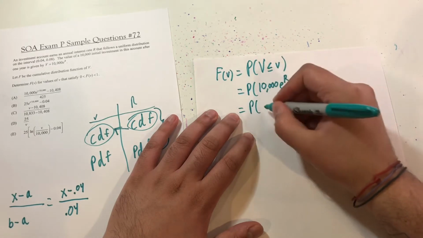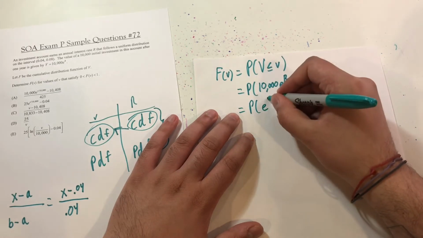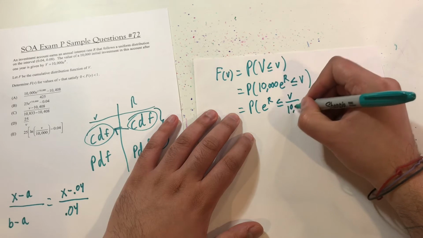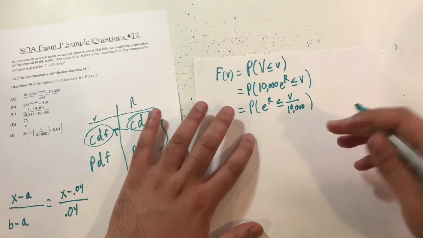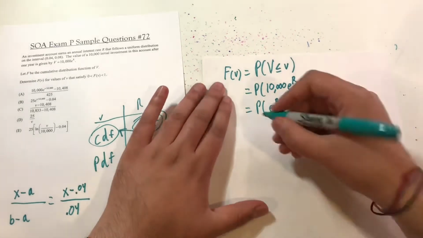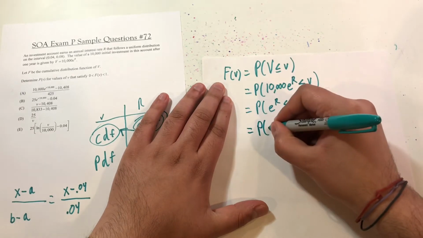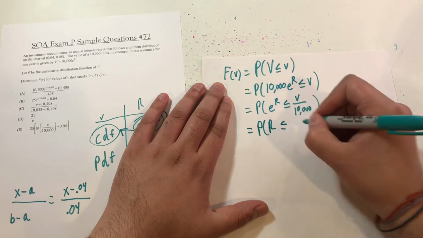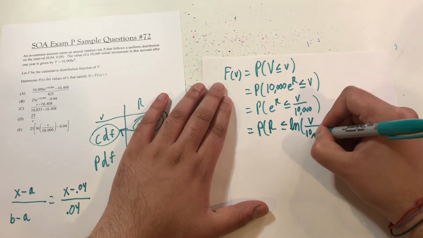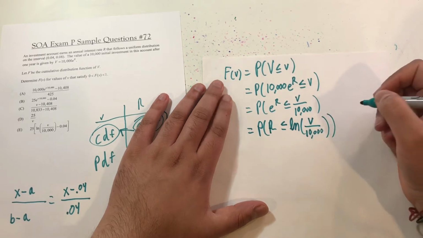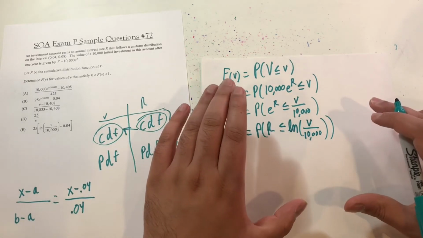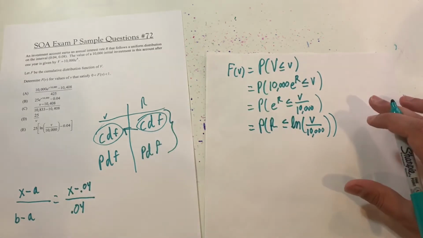So the probability is just going to be e raised to the R. I'm dividing by 10,000 on both sides, and I get v over 10,000. And then in order to get rid of this e, I need to take a natural logarithm of both sides. So this is going to be the probability of R less than or equal to ln of v over 10,000.